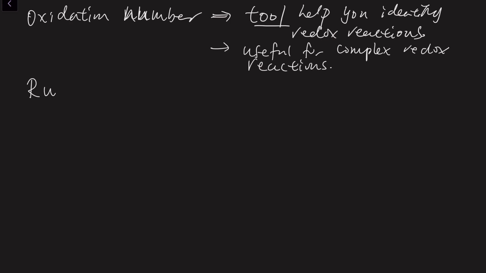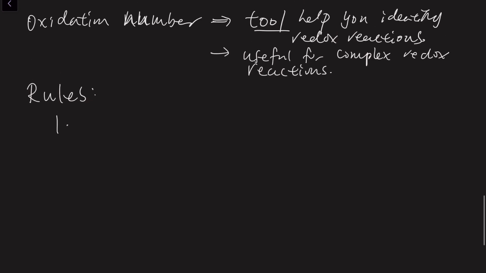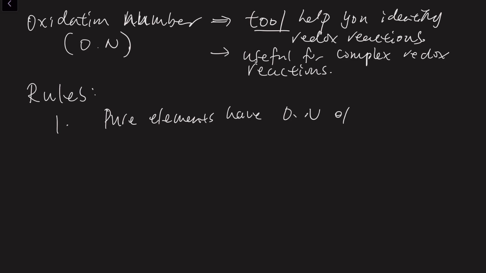Here are the rules. The first rule, pure elements. I will abbreviate oxidation number as ON. They have oxidation number of 0.